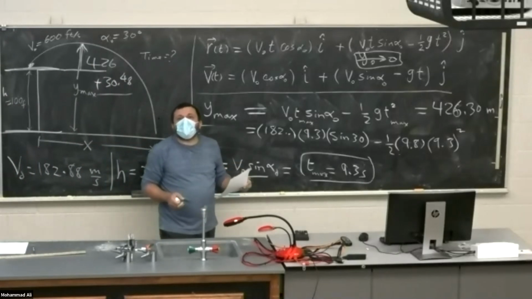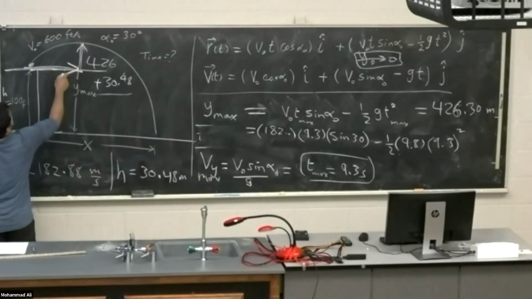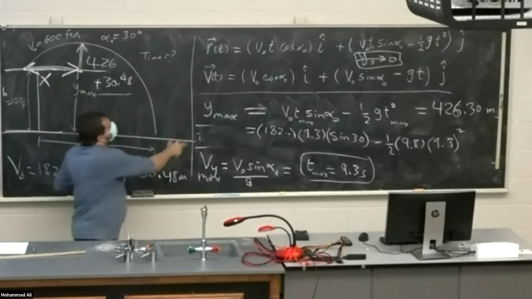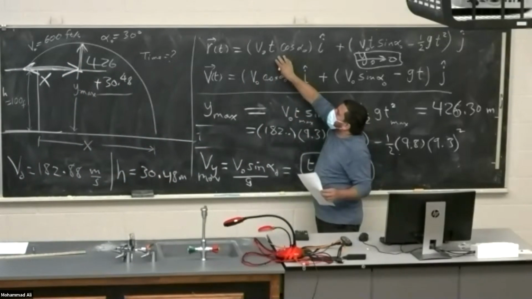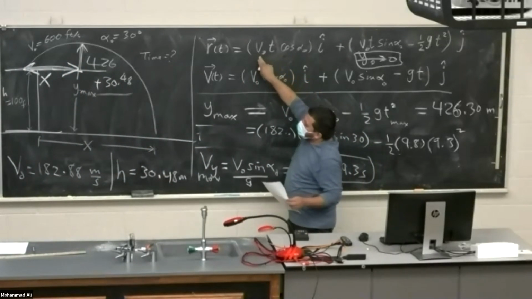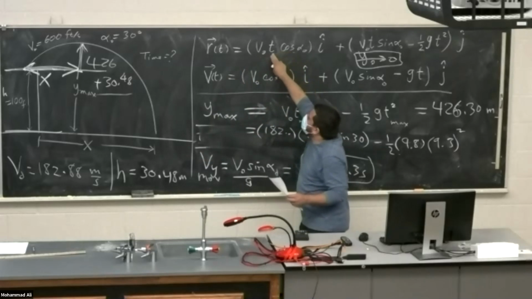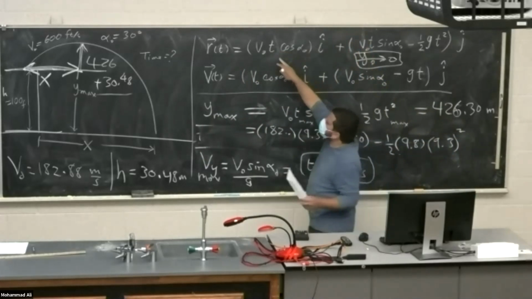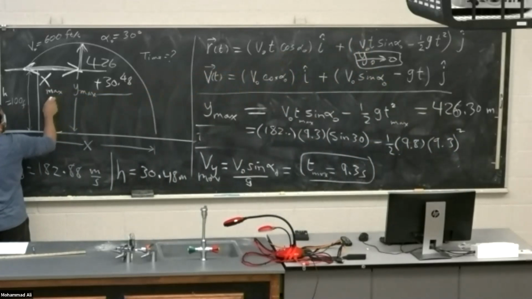Can you find the X position at Y max, this X? From the vector X component, we can find it: V naught 182 cosine 30 times T at maximum height, which we found. You can put it here, then you can find X at maximum height.